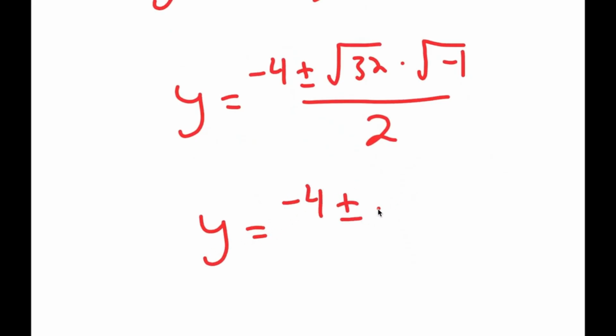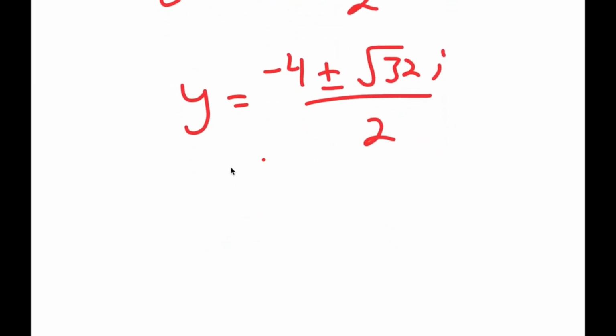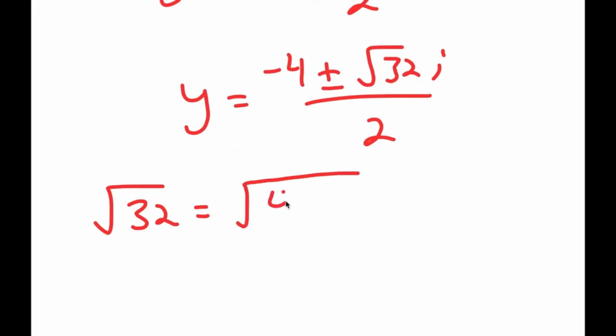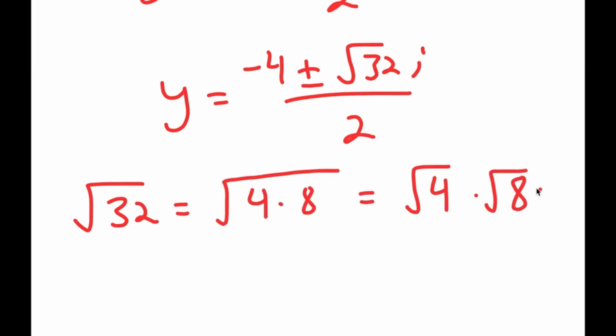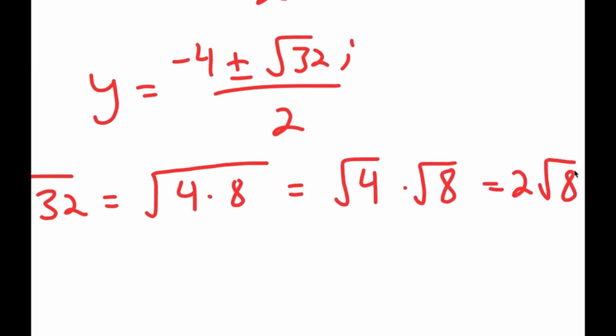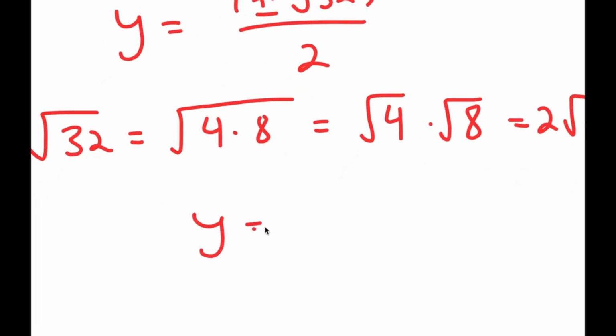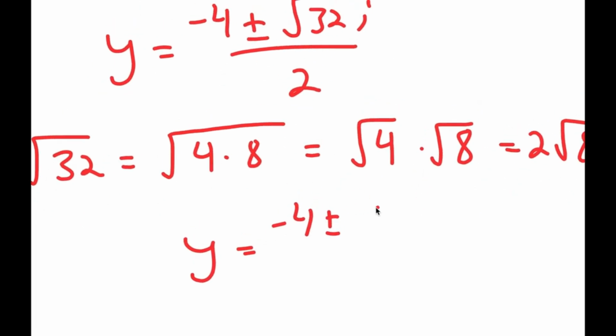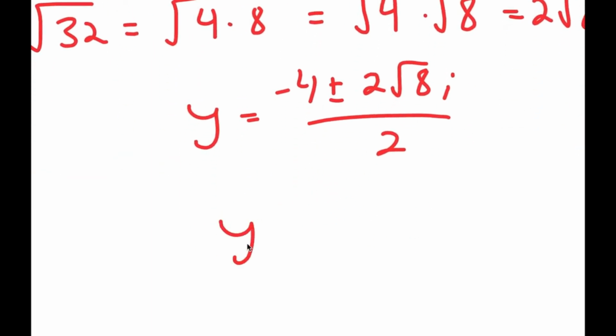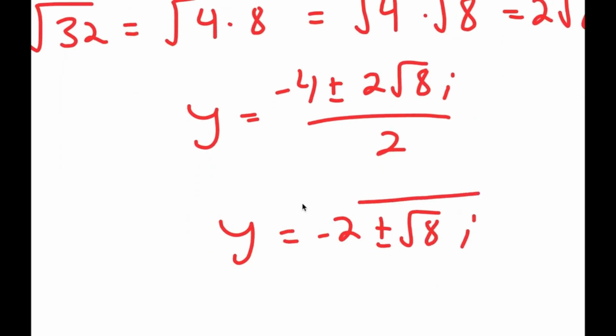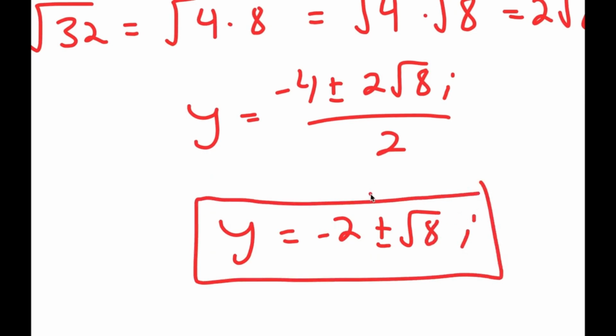So now I get negative 4 plus or minus the square root of 32, i over 2. Now, the square root of 32 is the same thing as the square root of 4 times 8, which is equal to the square root of 4 times the square root of 8, which is equal to 2 root 8. So now I get y is equal to negative 4 plus or minus 2 root 8 i over 2, which is equal to negative 2 plus or minus square root of 8 i. So these are another two solutions of y.